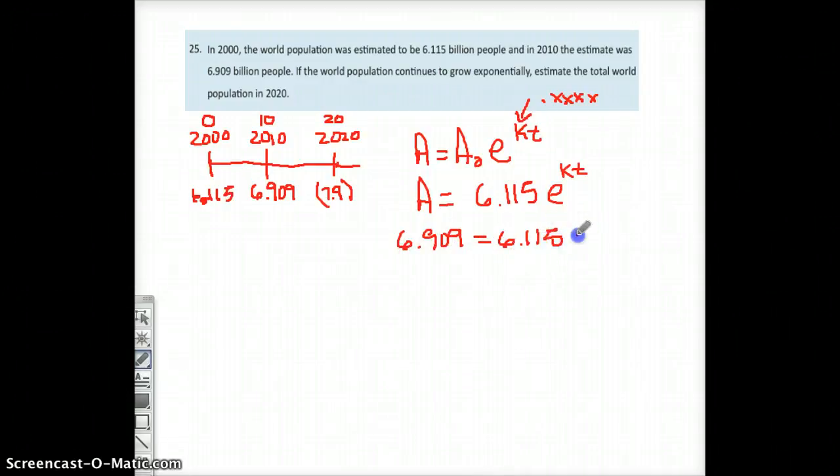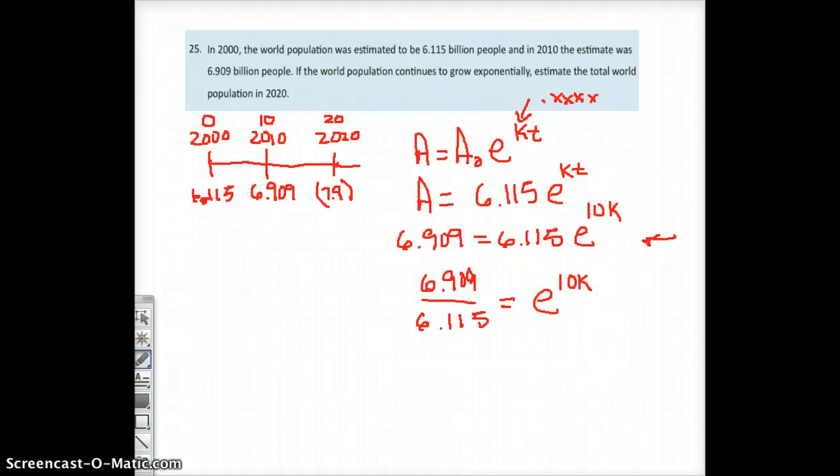And it took how many years to do that? It took 10 years to do that. So 10 is the time, and k, we still don't know. Now, we could use this expression right here to find k. The way we're going to do that is divide 6.909 by 6.115, and we're going to end up with this.